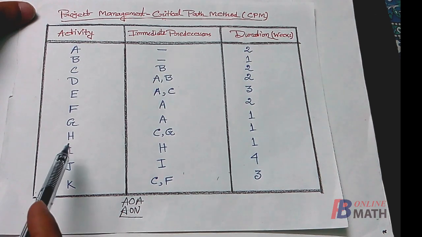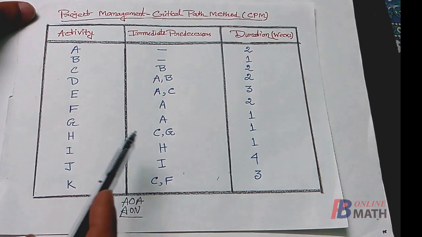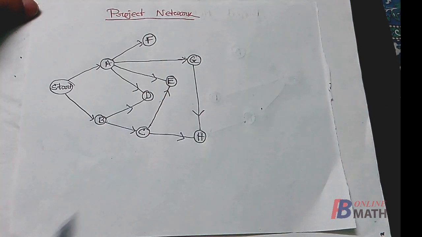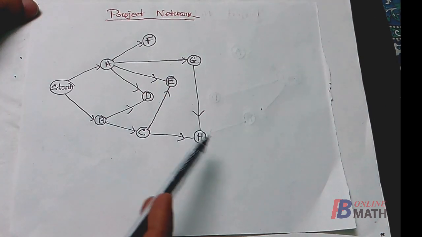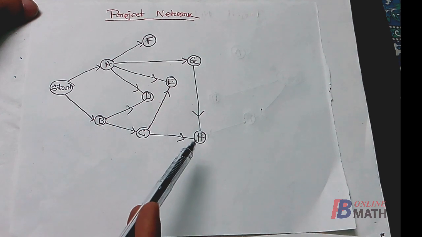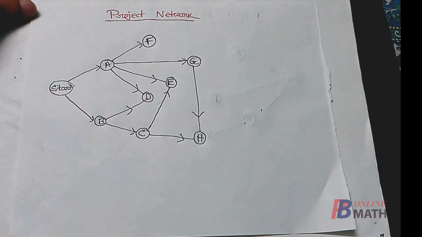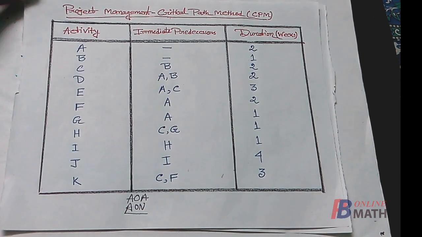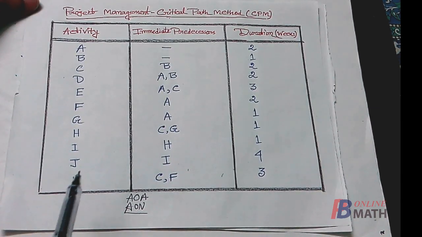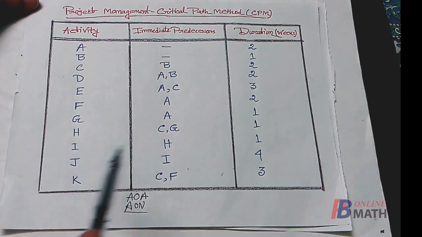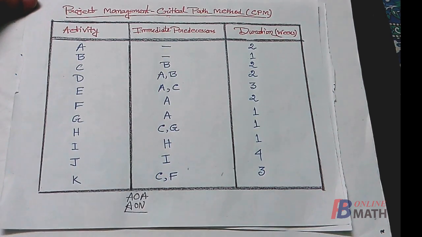Next, consider the activity H with two immediate predecessors C and G. So here is the activity H with two immediate predecessors C and G. Next, consider the next two activities I and J with immediate predecessors H and I respectively.